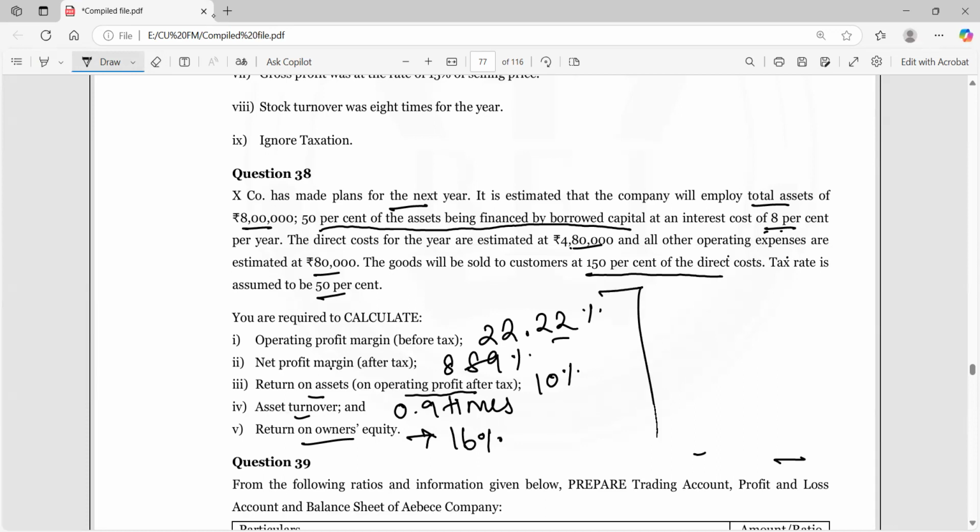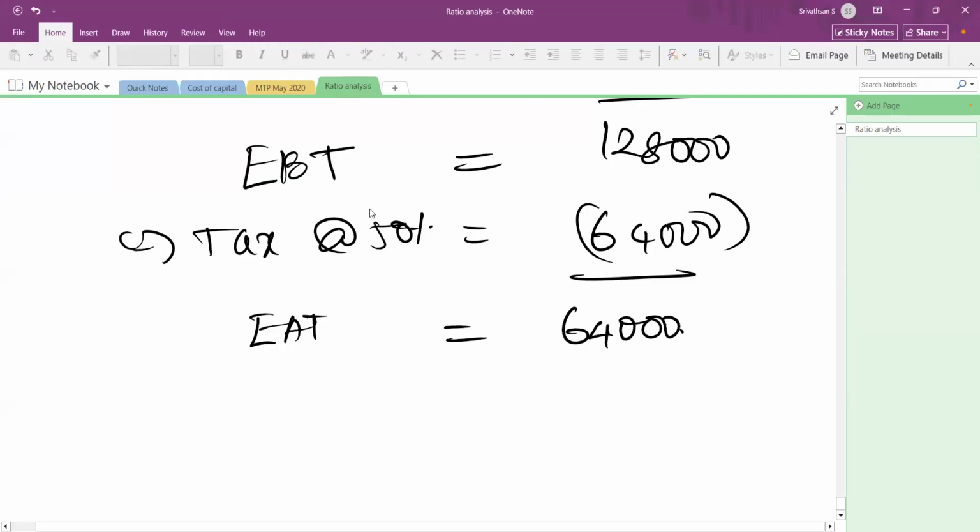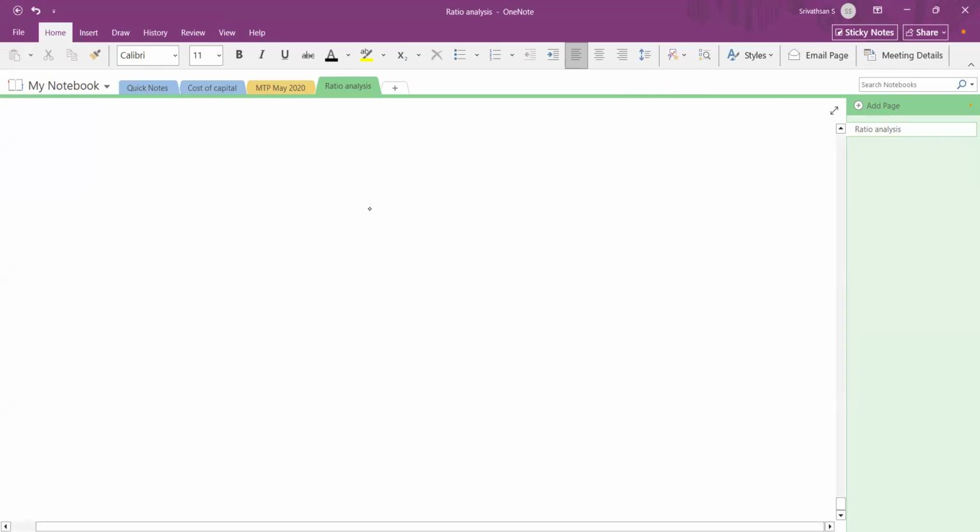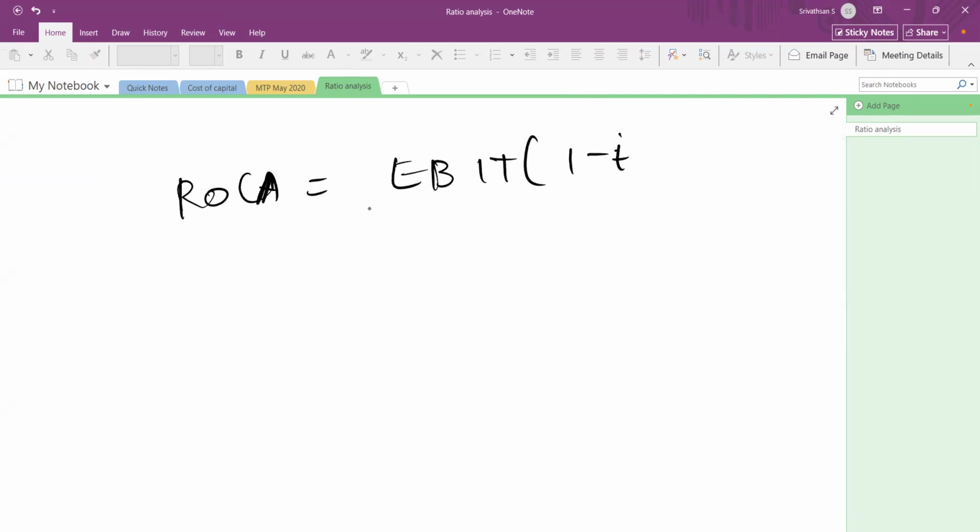Did everyone get these answers? You want me to solve any of these requirements? Got it? Return on asset. Listen, return on asset needs to be calculated on operating profit after tax, right? What is the operating profit, EBIT? It is 1,60,000 is the operating profit, right? So return on asset after tax is equal to EBIT into 1 minus T by total asset.